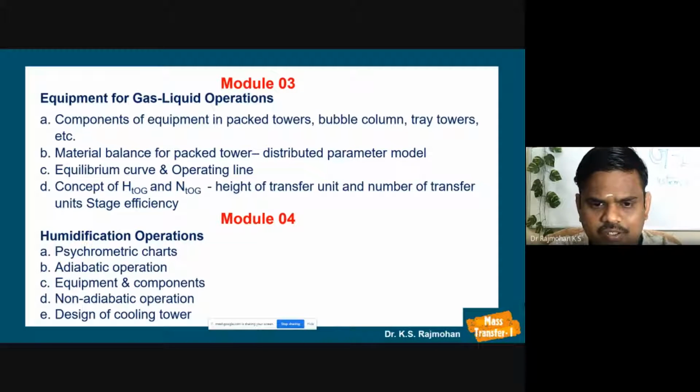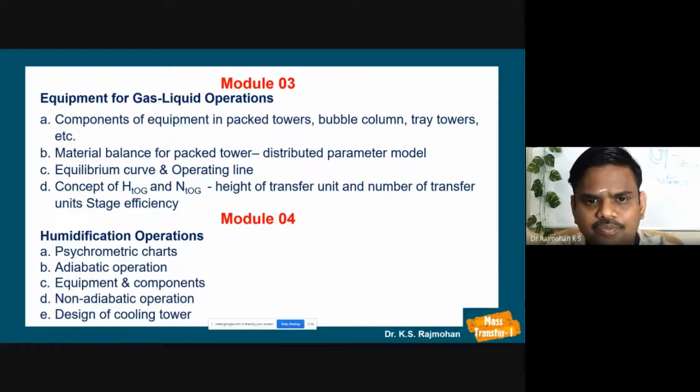All will be discussed. And we have module number 4, in which we will discuss humidification operations, where the psychrometric chart and adiabatic operations have already been discussed in detail. So we only have to discuss cooling towers and design of cooling towers.